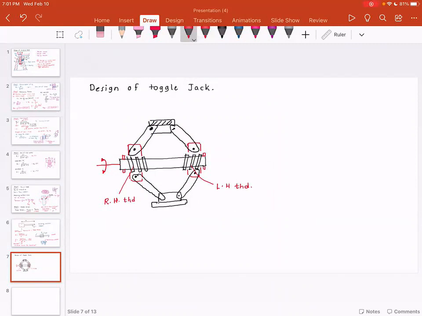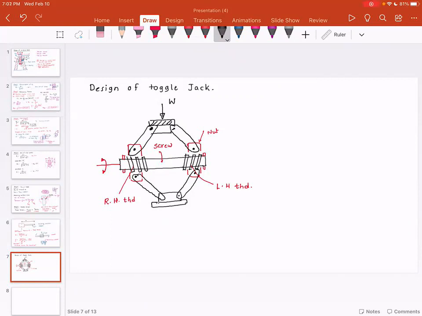One thing that is important is the screw is horizontal and the nut, there are two nuts actually, is vertical, and the load that is going to be supported is over here.